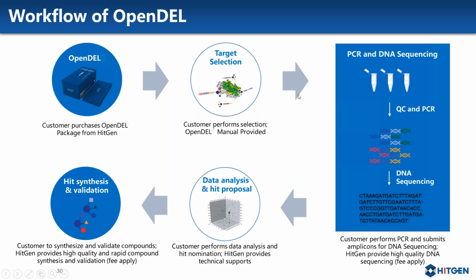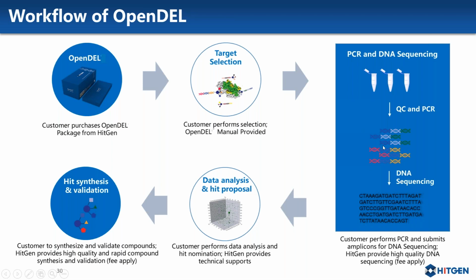After the selections, this is just an option for our customers: they can choose to do the PCR and next generation sequencing by themselves, or send the sample to HitGen and we do the next generation sequencing for the customers.